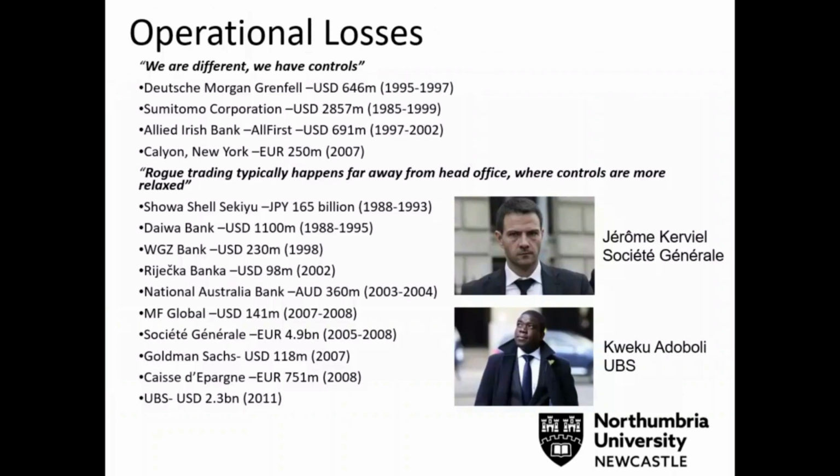Here's a list of the losses from the big banks throughout history, and you can see some of the sizes of these losses, particularly the ones that were committed by internal fraudulent events during the crisis. So the likes of Jerome here from Société Générale, and obviously our trader here at UBS, quite significant losses.